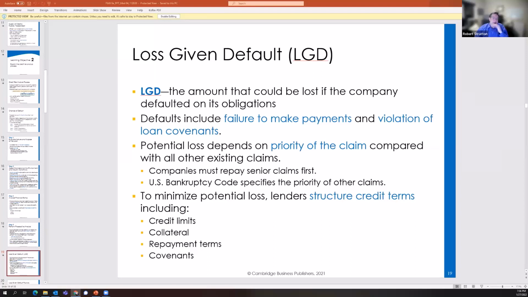And then for a business, employee priority. So if there's payroll due, that comes out next. And then you start going down above and below the line for other priorities. So then secured debt gets paid out, then unsecured debt, and then preferred equity, and then common equity. Common equity is the last.